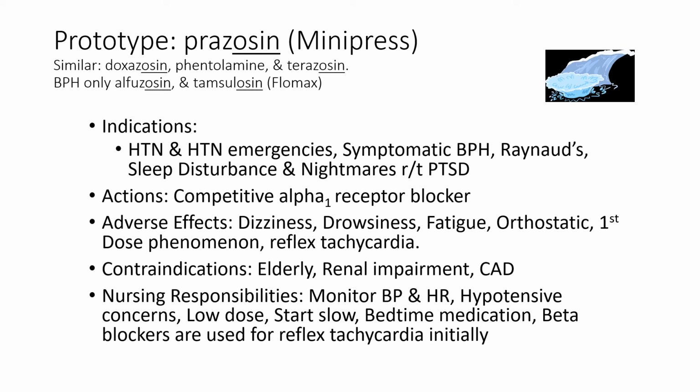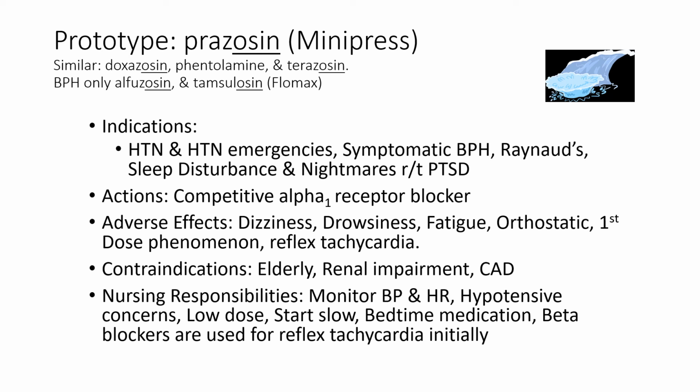Okay, so look at the indications. Hypertension, okay. Symptomatic BPH, meaning I'm not able to fully empty my bladder. I'm having to get up 3 or 4 times a night to pee because I can't empty my bladder. Raynaud's disease we spoke about.